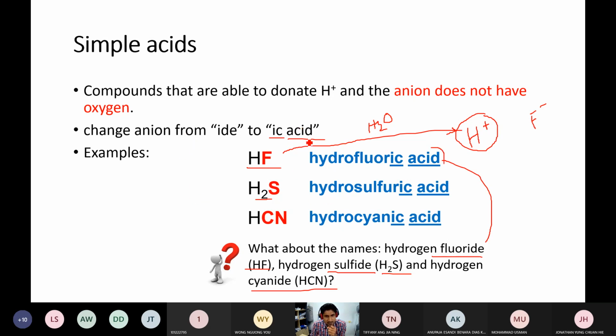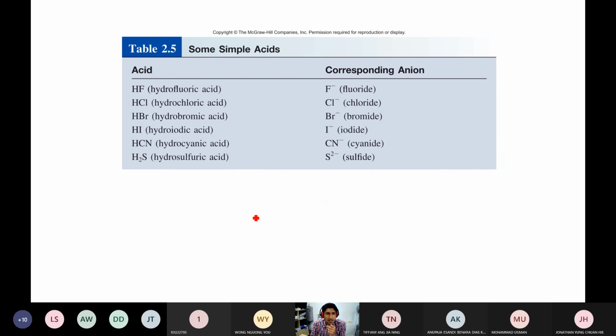The only thing is that when they are in aqueous medium, we call them ic acid, but these are gases. They are not in aqueous medium, so they have not formed an acid. In that gaseous form, they are not able to give you a proton, so they are not technically acids. This is why we call them hydrogen fluoride, hydrogen sulfide, and hydrogen cyanide in the gaseous medium.